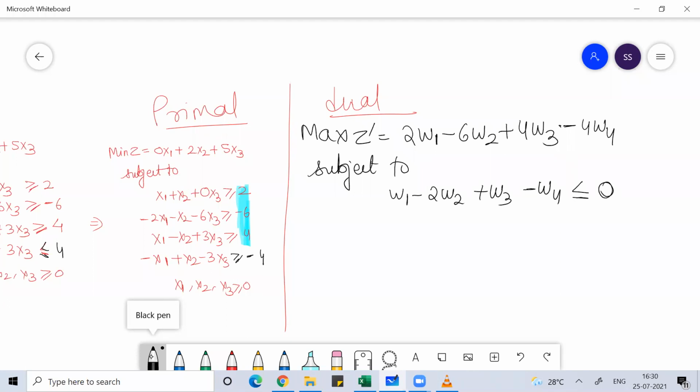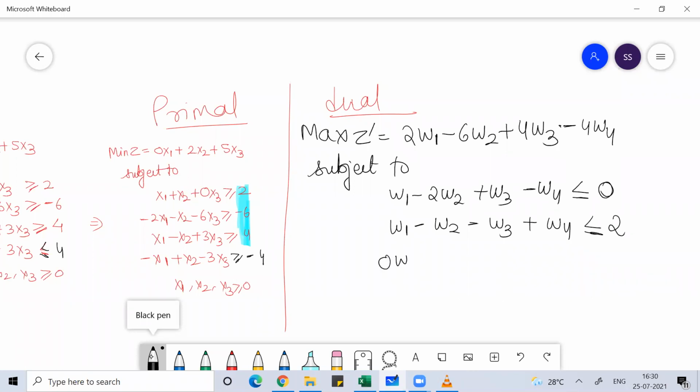Clear, everyone? Then you write w1 minus w2 minus w3 plus w4 less than or equal to 2.